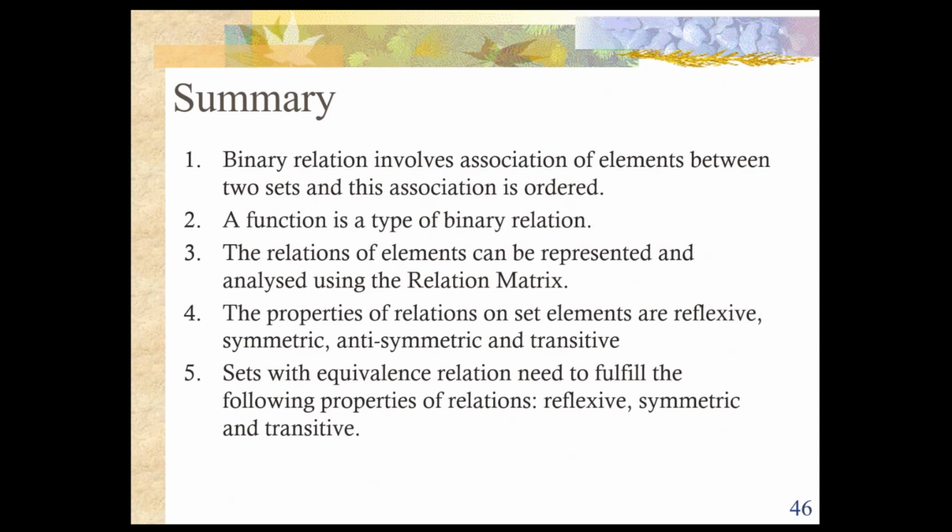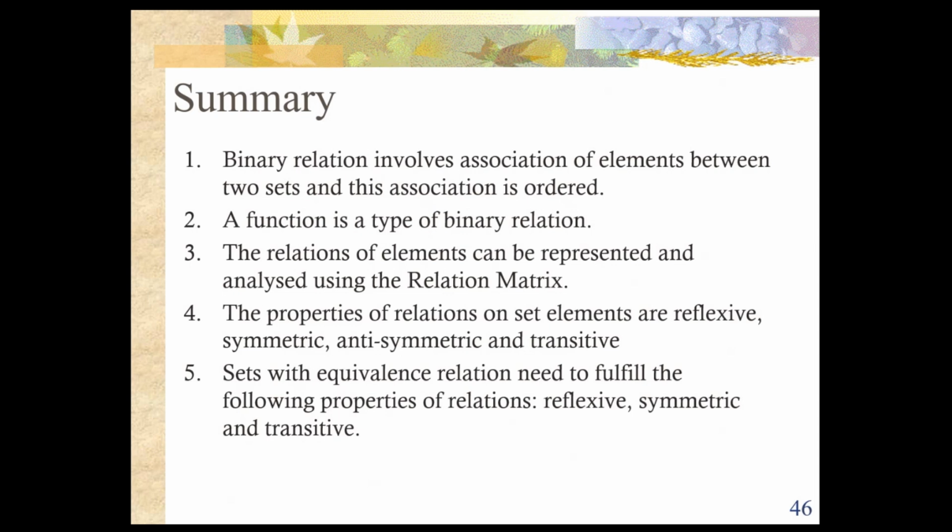0 or 1. And then number 3, we can represent relations graphically using a relation matrix. Why is a relation matrix good? Because we can do a lot of analysis. We can analyze properties of relations such as reflexive, symmetric, antisymmetric, and transitive. Reflexive is checking along the diagonal line.